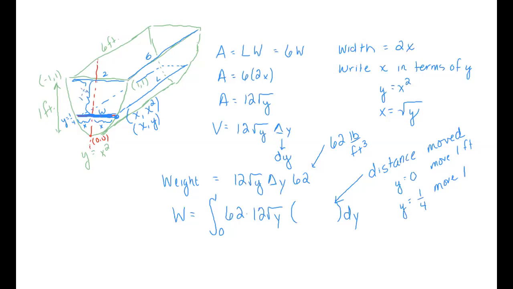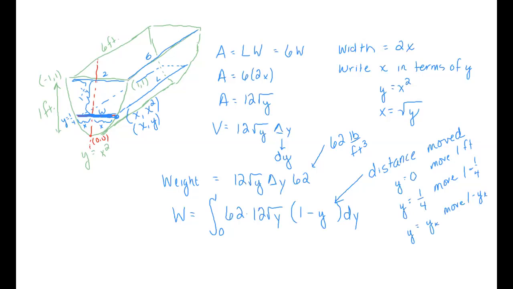Generally, if the y value is whatever you pick, some specific y value, y sub k, we're going to move 1 minus that y value. So in our integral, the factor that we get here is 1 minus y. Had this trough been 3 feet deep, this factor would have been 3 minus y.